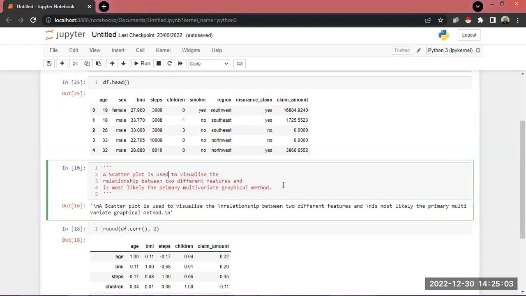So we have two different types of EDA when it comes to data analysis or data science: univariate and multivariate. We have univariate graphical analysis and univariate non-graphical analysis. For the univariate graphical analysis, we have things like histograms and density plots. For the univariate non-graphical analysis, we have what we call the 5-number summary, that's descriptive statistics.